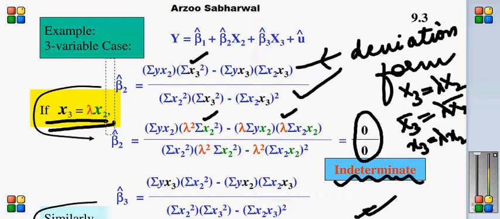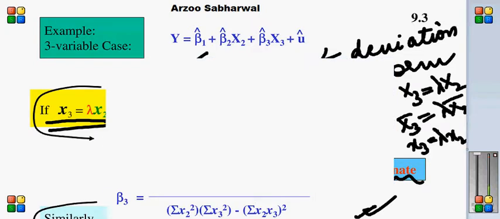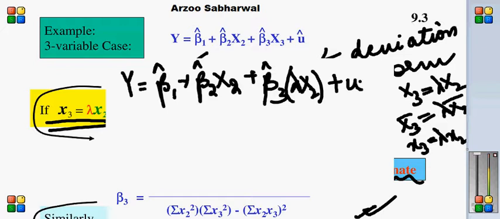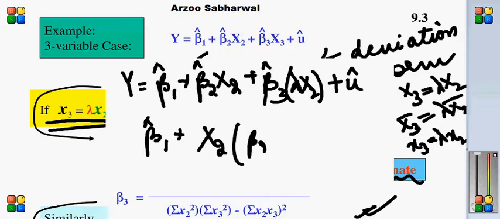Take an example of that. Supposedly I have this and I know that x3 is lambda x2, then I can say y is equal to beta 1 hat plus beta 2 hat x2 plus beta 3 hat, and instead of x3 I can write lambda x2, plus u hat. This becomes beta 1 hat plus x2 times (beta 2 hat plus lambda beta 3 hat) plus u hat.